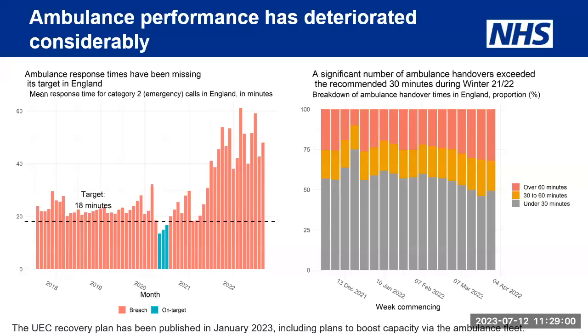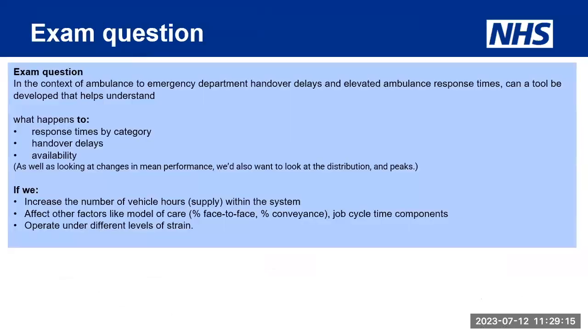So the urgent and emergency care recovery plan was published early in the year, namely the commitment around reducing response times, and it suggests mainly doing so by boosting capacity in the ambulance fleet.